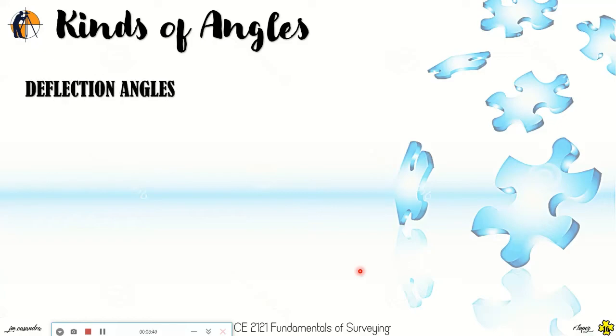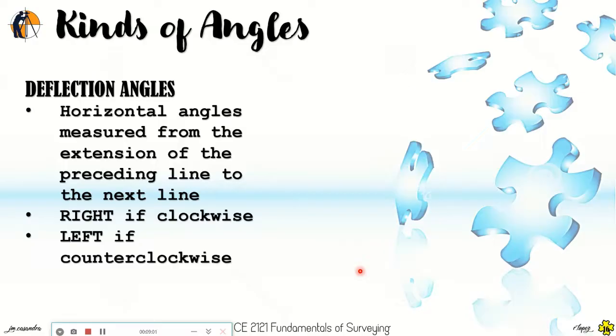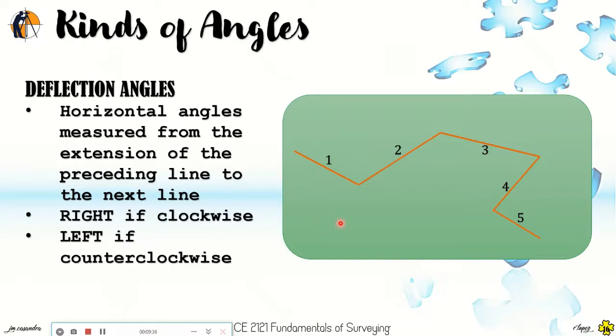So next we have your deflection angles, which are horizontal angles measured from the extension of the preceding line to the next line. So if our measurement is clockwise, we consider the angle as to the right, and if our measurement is counterclockwise, then our value is considered to the left. So from the series of lines, we can identify our deflection angles.